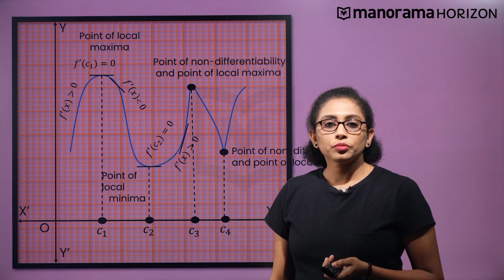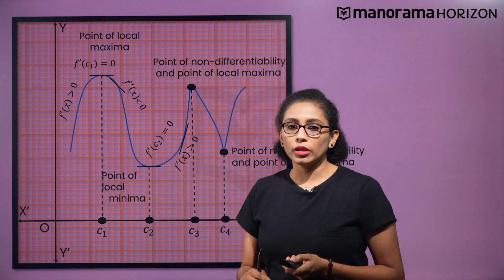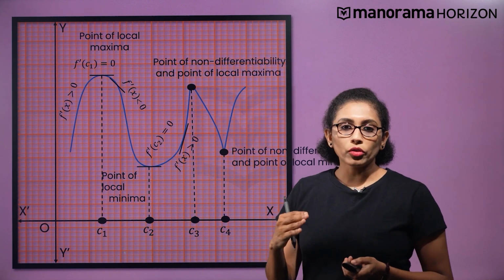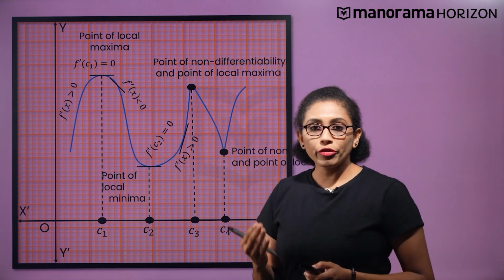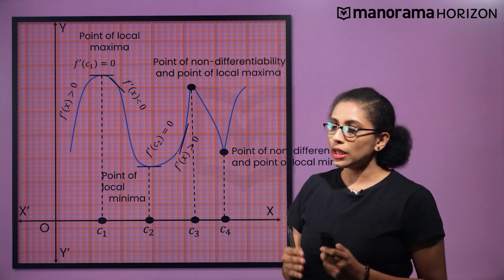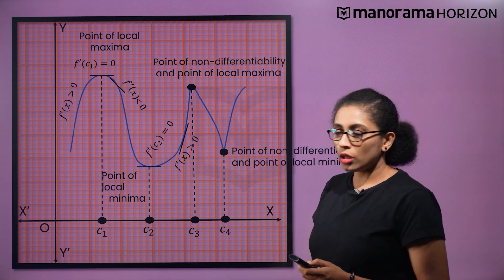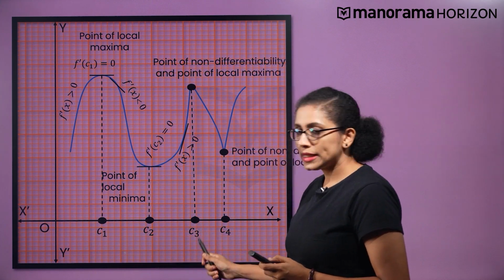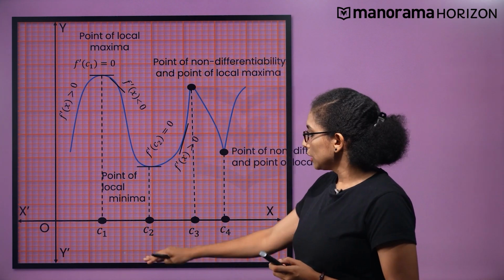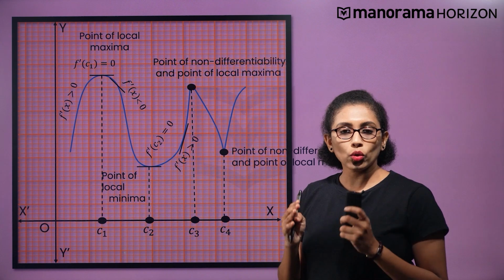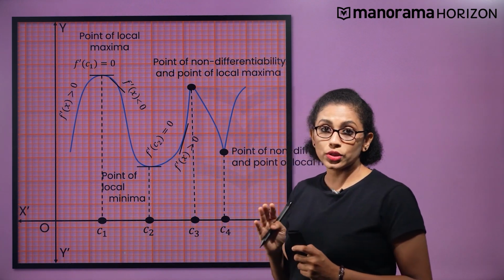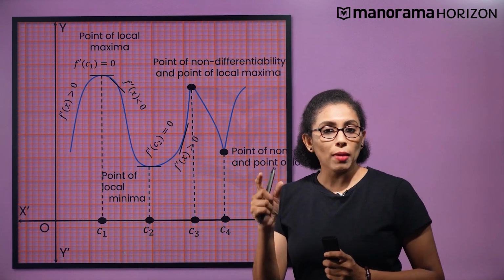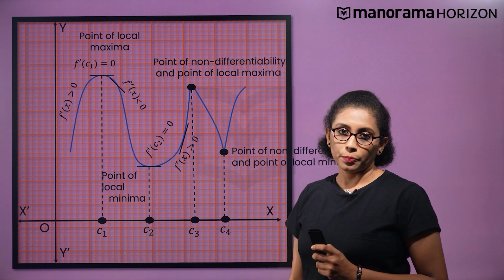Now, suppose we have this curve as our function and we need to examine each and every point of local maxima and local minima. Here, C1, C2, C3, C4 are the critical points, and we need to notice the changes in the sign of f dash of x to determine the local maxima and local minima.